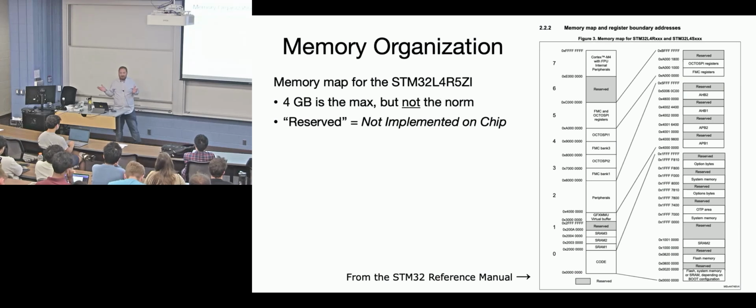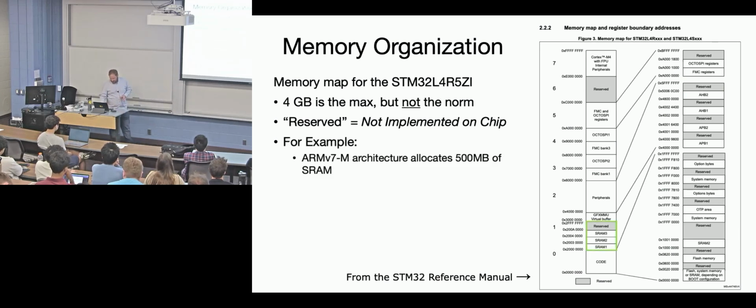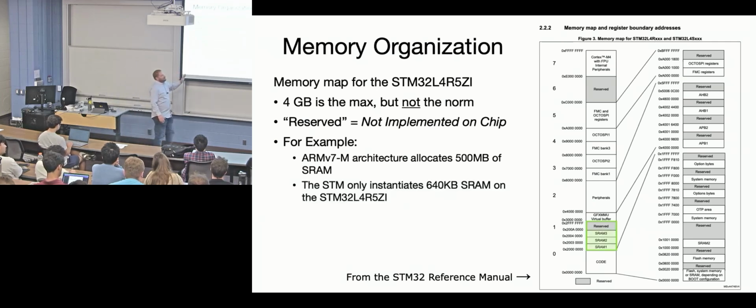I bet I could do some cool things with it, but it's not financially practical. So a bunch of stuff is reserved, which means not implemented. For example, the ARMv7 architecture allows for 500 megabytes of SRAM. Amazing, but we only get 64K. That's what's implemented.